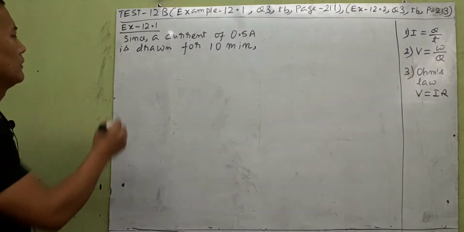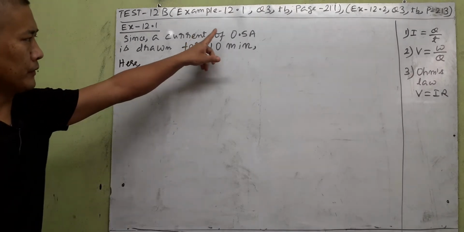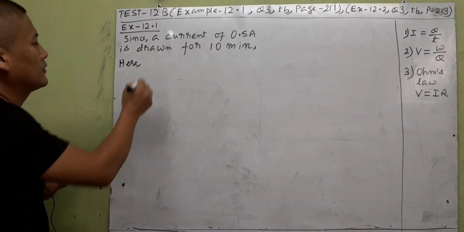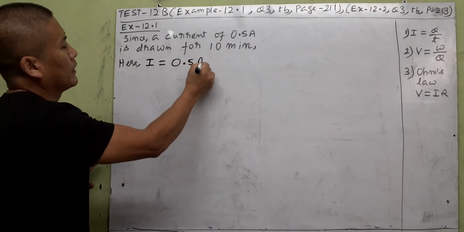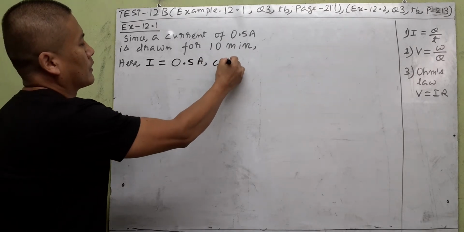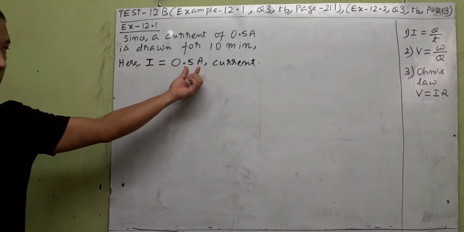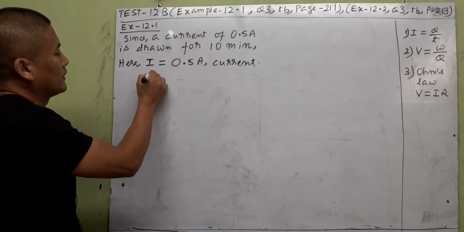Okay, so here, as we read this, ampere means the SI unit of current. So we know ampere means current, so that is denoted by I. 0.5 ampere is the current. Then 10 minutes means obviously time.